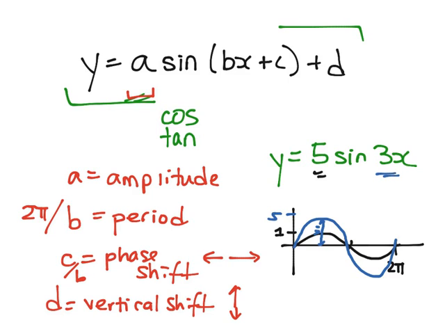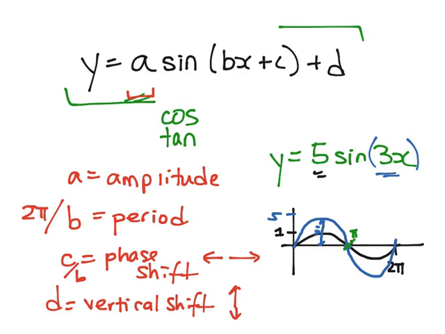What does it mean when we multiply 3 by x? What we're doing is for each x value, we're giving it the y value of the x value that is 3 times itself. So our x value here, pi, will take the y value of 3 pi, which is also 0.